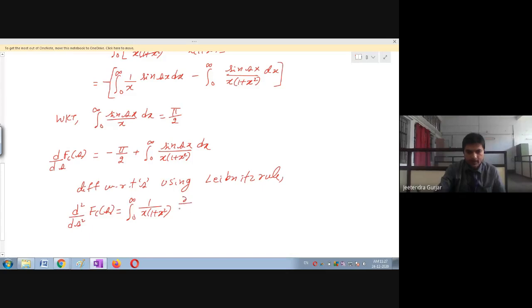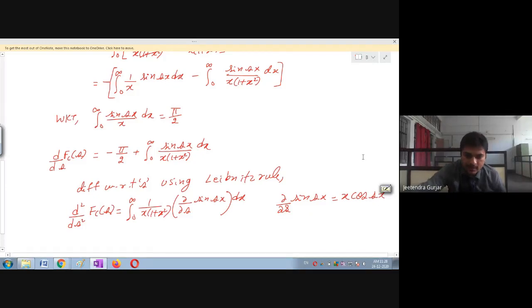So this is in the integral sign, therefore this is going to become partial differentiation d upon ds of sin sx dx. So as you know, students, what is d upon ds of sin sx? Here x remains as it is, which is coefficient of s, and differentiation of sin will be cos sx.